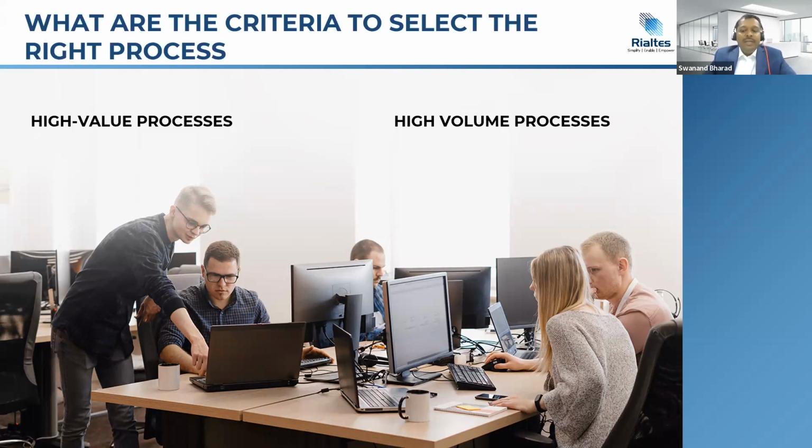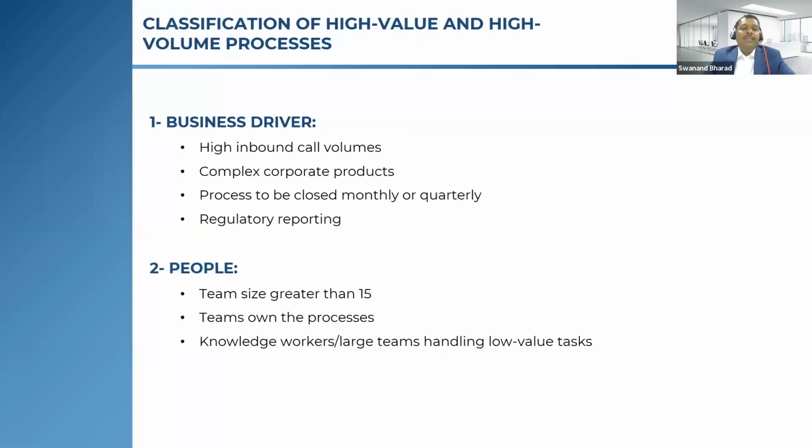Okay, now we divided all these into six major parts, like business driven processes, like high inbound call volume. When I say high inbound call volumes, I'm getting multiple requests on a daily basis or monthly basis. Just for an example, warranty support. If I have any kind of product where I have business in multiple cities or multiple countries in multiple regions, I'm getting near about 6 to 10,000 requests on a monthly basis.